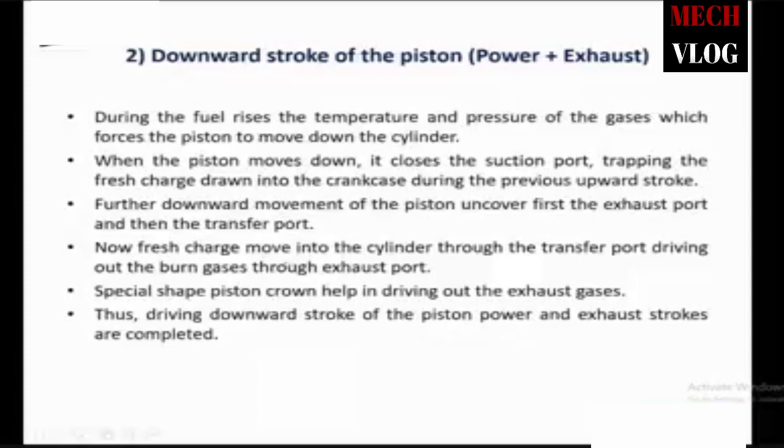So that happens in the downward stroke. During the power stroke, the high temperature and pressure of the gas force the piston to move down the cylinder. When the piston moves down, it closes the suction port, trapping the fresh charge drawn into the crankcase during the previous upward stroke.